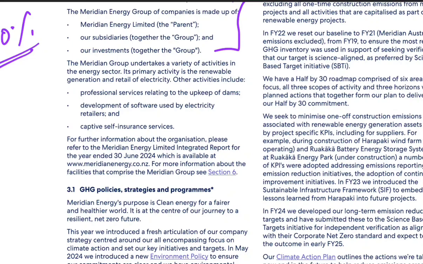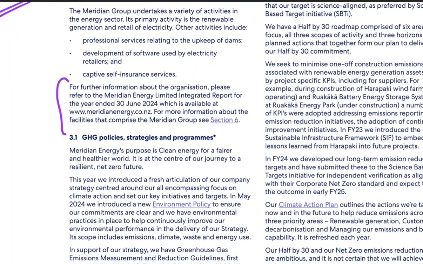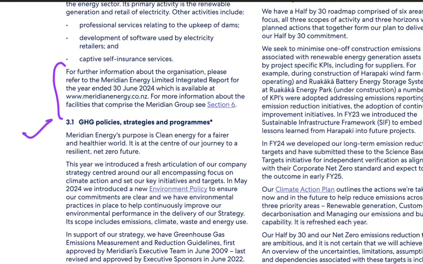Information related to the report: you can refer to the Meridian Energy Limited integrated report for the year ended 30th June 2024, which is also available on the website of the company. So this can be a part of the report, the annual integrated report. You can see 3.1 GHG policies, strategies and programs.